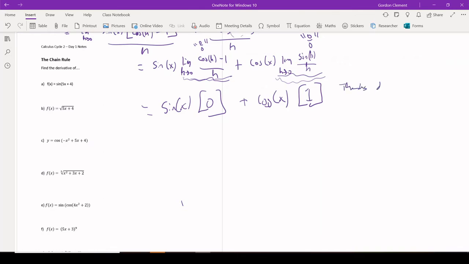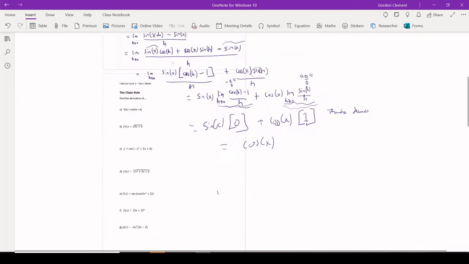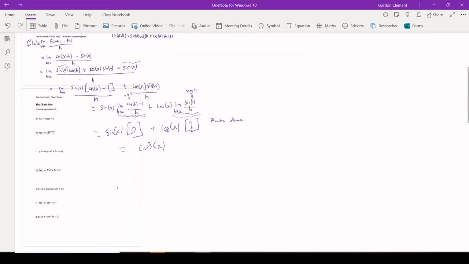I'll say thanks, Desmos, for the help on those limits. And so that boils down to just cos of x. And so what we've proved is if y is sine of x, then yes, in fact, y prime is cos of x.